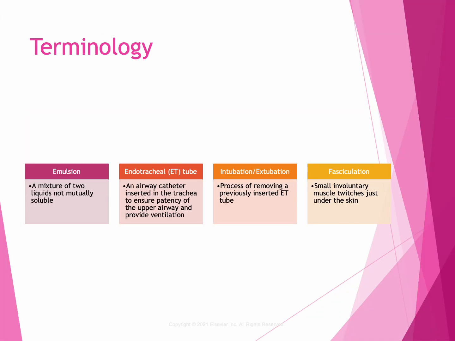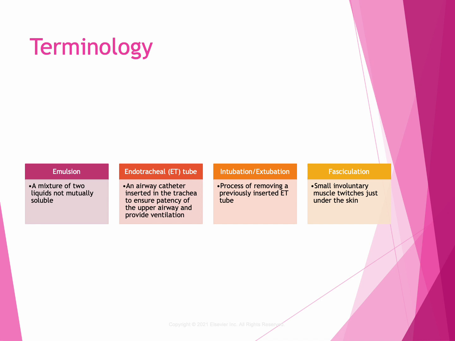For those of you that have joined me for other lectures, you might remember that an emulsion is a drug form in which the medication is contained in a mixture of water and oil, and it's bound together with an emulsifier. An emulsifier is used to bind together two substances that typically would not mix.